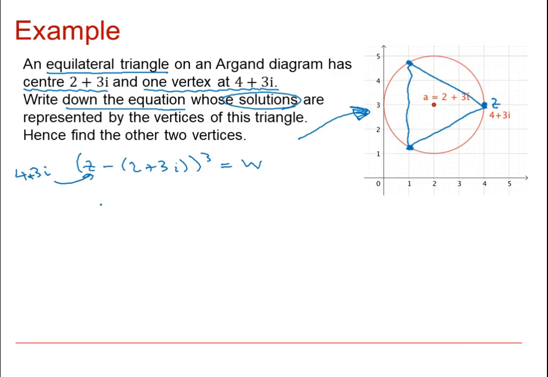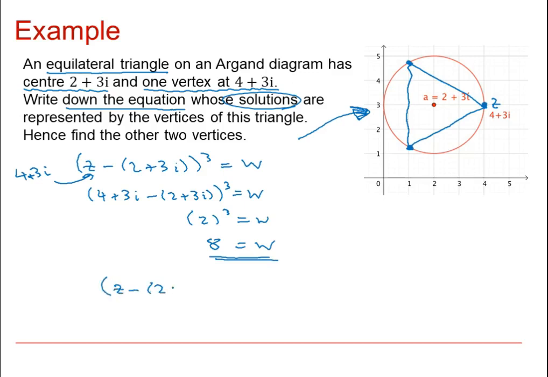So substituting that into this equation, we're going to get (4 plus 3i minus (2 plus 3i)) cubed is w, and this gives me 2 cubed is w. Therefore the number we're looking for is wholly real, and it is 8. So the equation that would represent this scenario would be (z minus (2 plus 3i)) cubed equals 8.